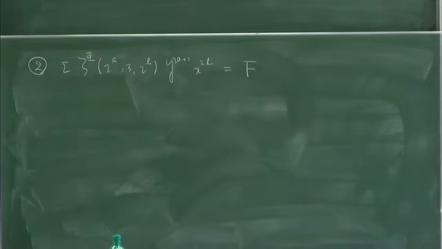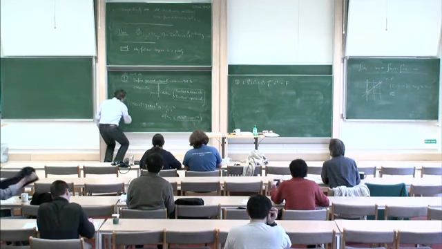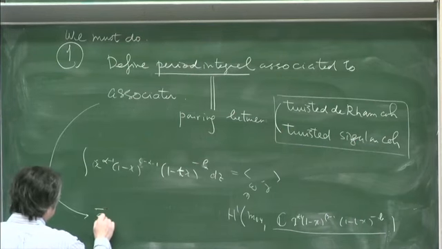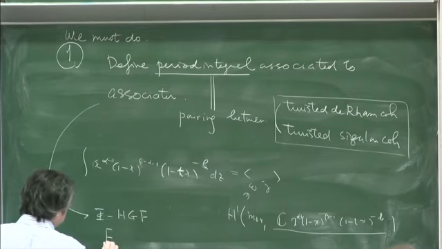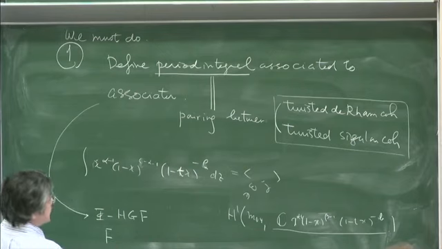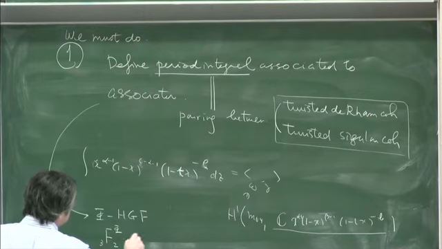First, we must define the period integral associated to the associator, and if we define the period integral, we can define the hypergeometric function, say f 3, 2, phi, and so on.